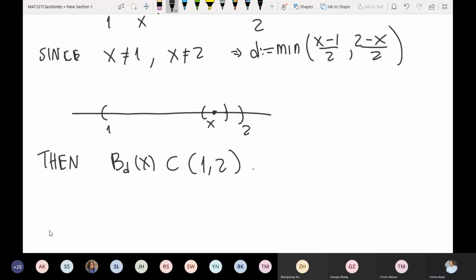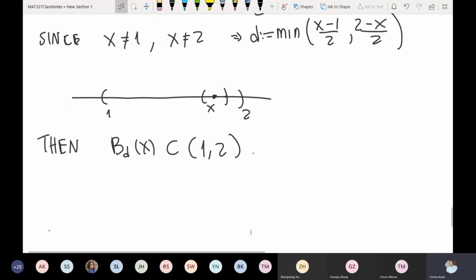So let's try to do this carefully. You won't have to do it. I just want to do it once for you to see it. This is x minus d, x plus d.